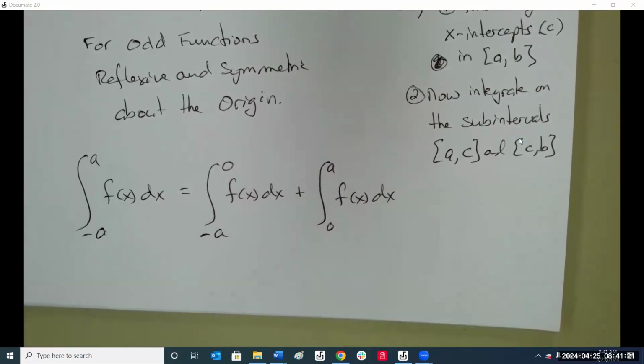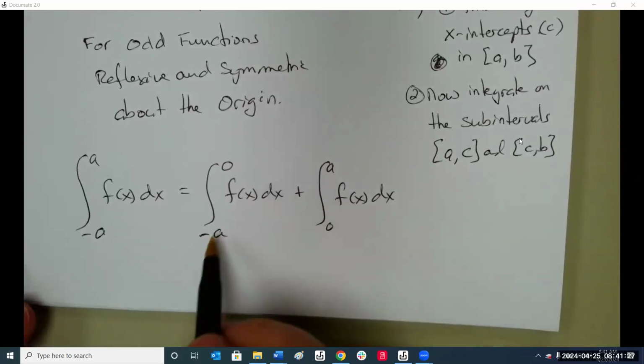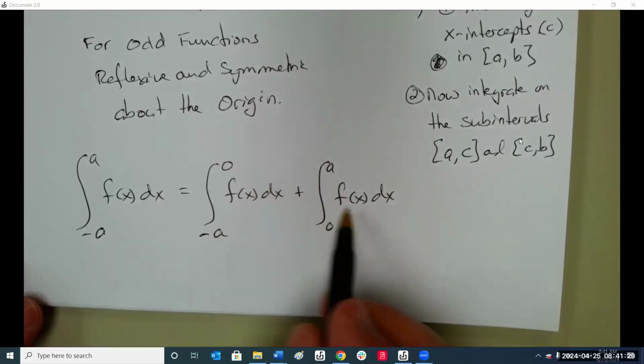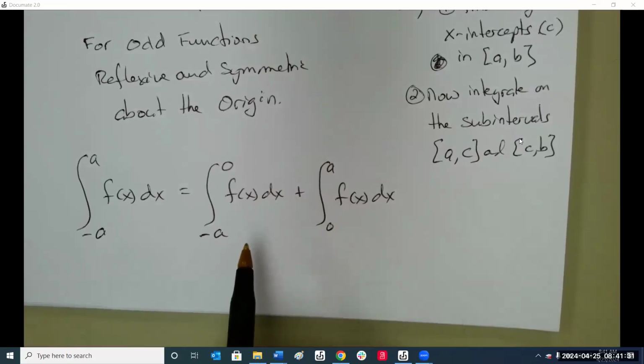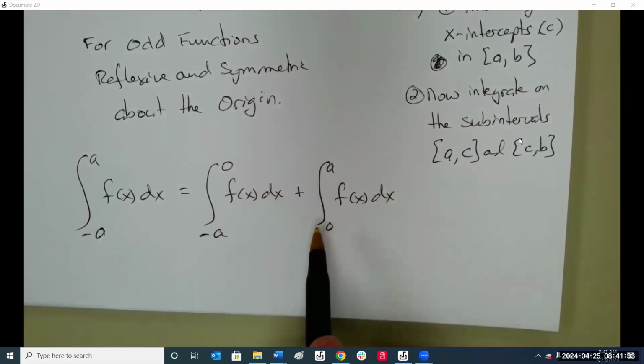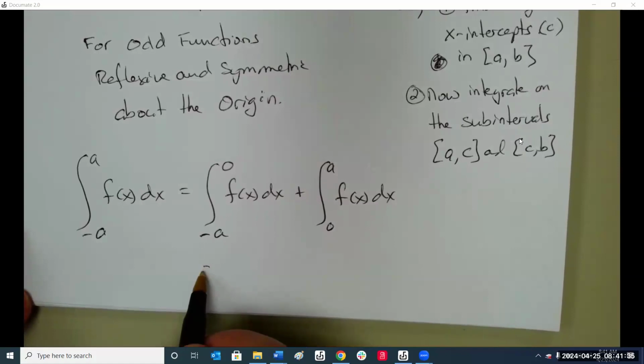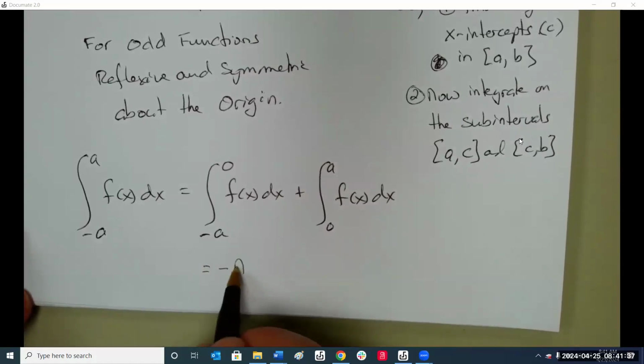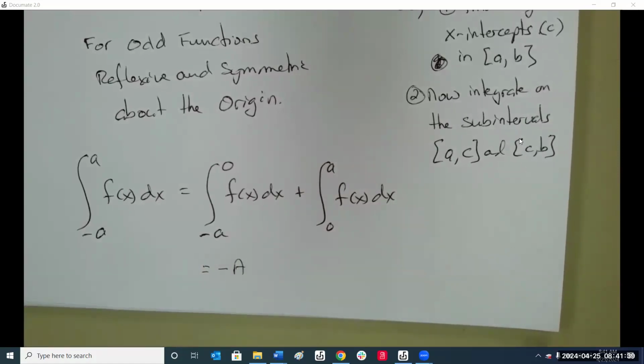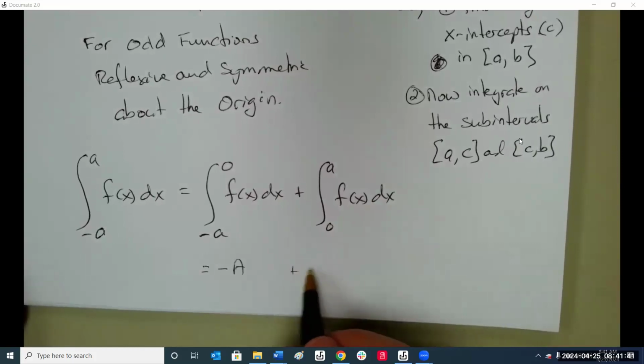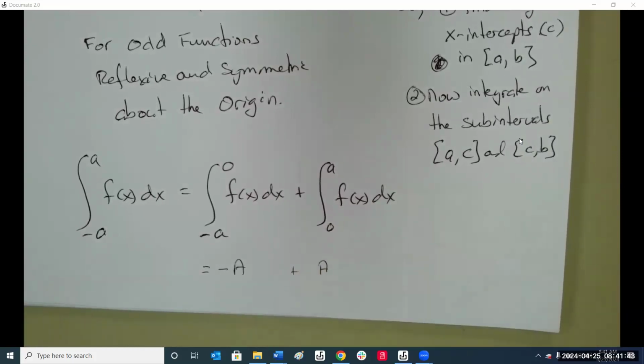Okay, not done yet. This is still going to give us 0, because now when we do this, we can see exactly which part is below the x-axis. When you do the integration, if one part gives you a negative answer, negative area, we know that's below the x-axis. And the other one has to be the same value, but positive.